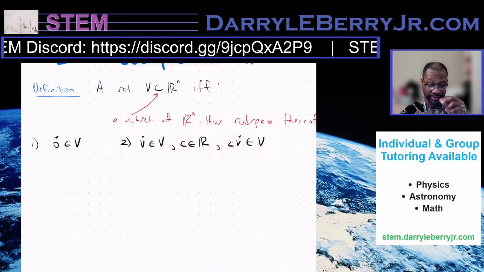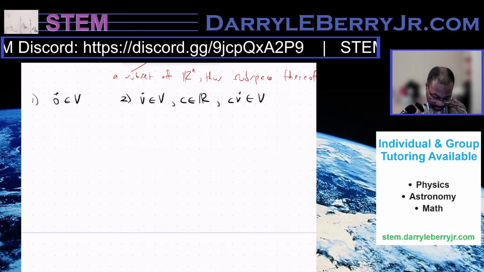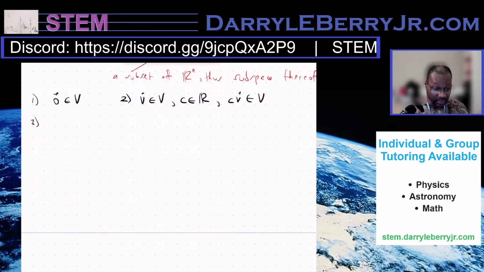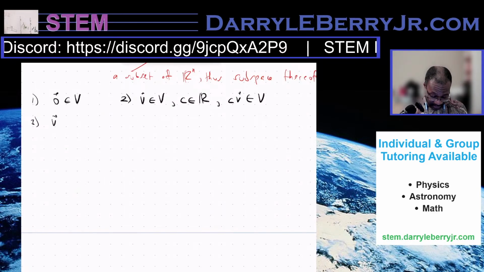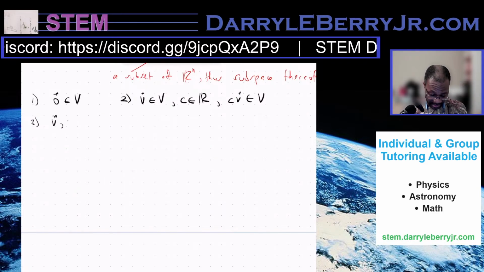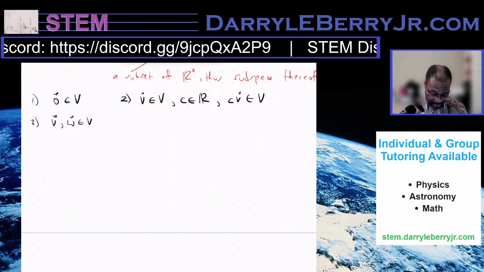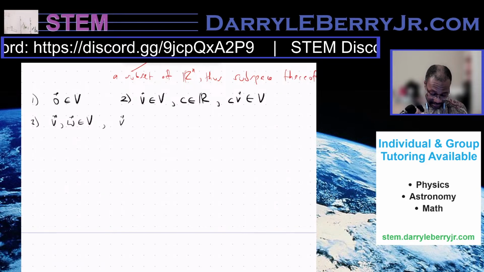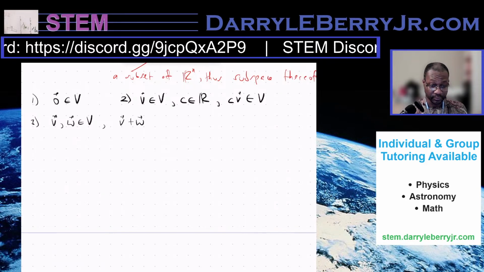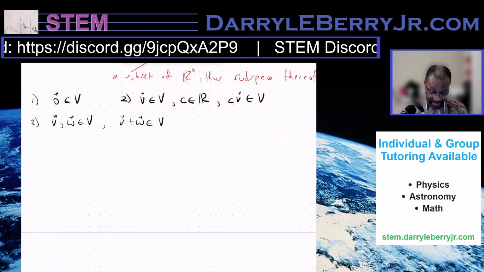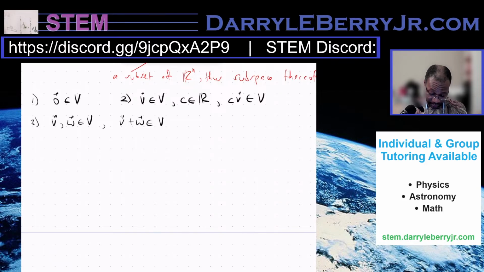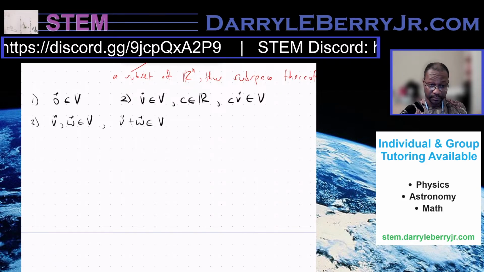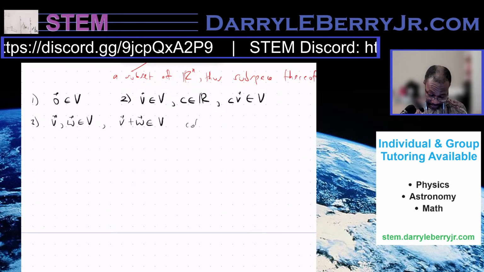So V is closed under scalar multiplication. And three, whenever V and W are in the subspace, then V plus W is in the subspace as well. So it's closed under addition.